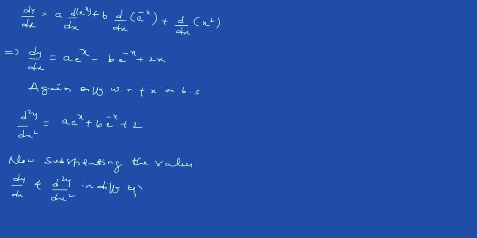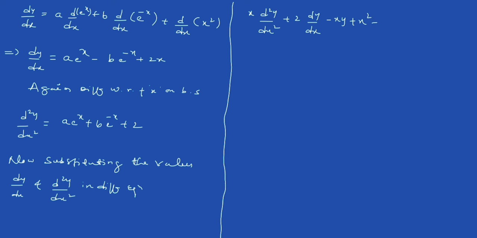So the given differential equation, I'm writing here this side, is nothing but x d2y upon dx square plus 2 times dy by dx minus xy plus x square minus 2. We have considered this as LHS here, right?